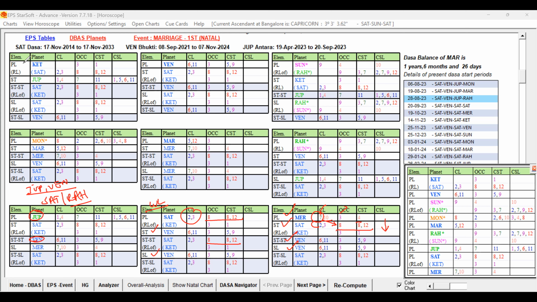Then Ketu: the first level is good, and at the second level Jupiter itself, our favorable key planet, is coming. And at the 2A level, this planet, the Lagna Lord occupying the 7th house, Jupiter in the star of this planet, 8 and 12, again 8 and 12. So some weakness is present at the 2A level and the sub-level planet, because that star Lord is good. 1, 4, 7, 11, in the star of your planet, Lagna is going to experience this because it is not having any 11th house.